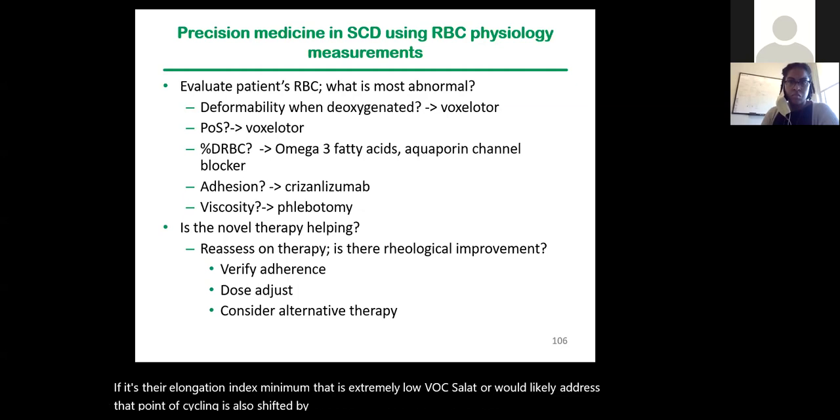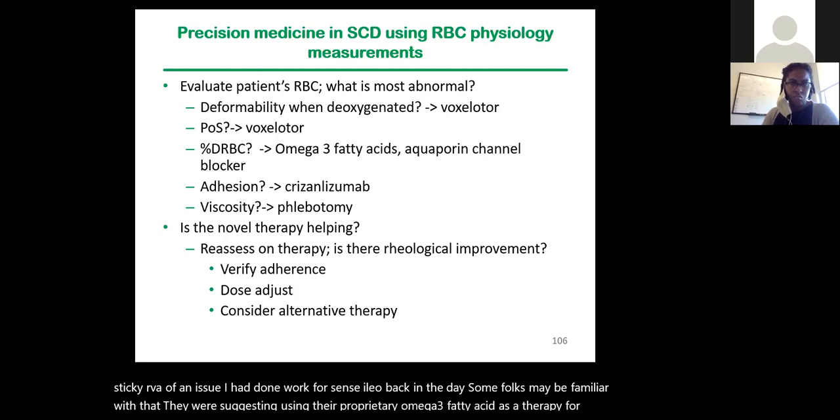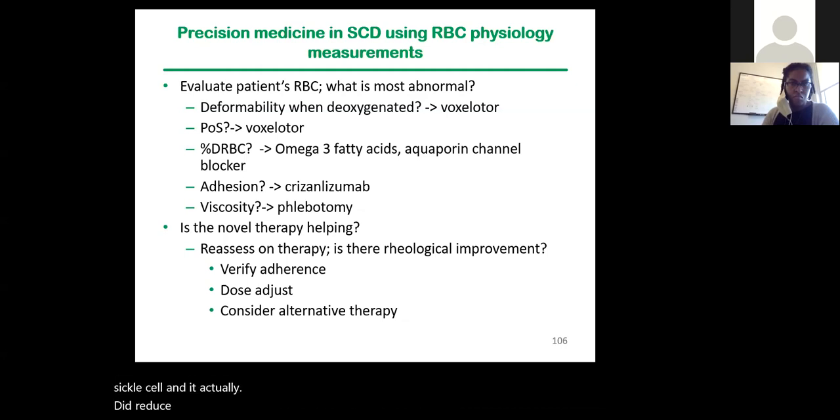Dense red blood cells, that's a little bit stickier of an issue. I had done work for Sensilio back in the day. Some folks may be familiar with that. They were suggesting using their proprietary omega-3 fatty acid as a therapy for sickle cell. And it actually did reduce the percent dense red blood cells.